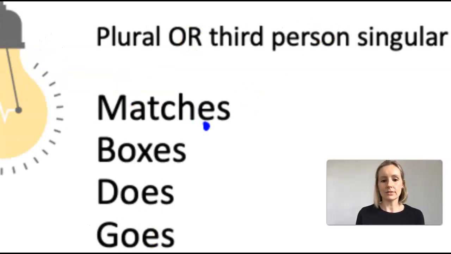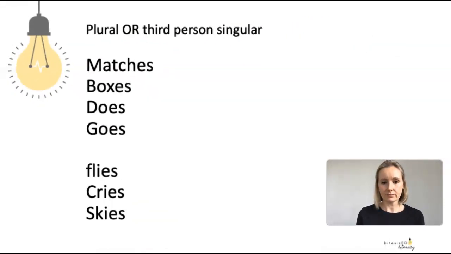So this word, I don't like it when it does that. This word matches can be like a plural. I have a box of matches, or we played many matches, or it could be the child matches the pieces of puzzles together. So you can see that it can be a noun or a verb, but it doesn't matter in terms of spelling because it's going to be consistent.